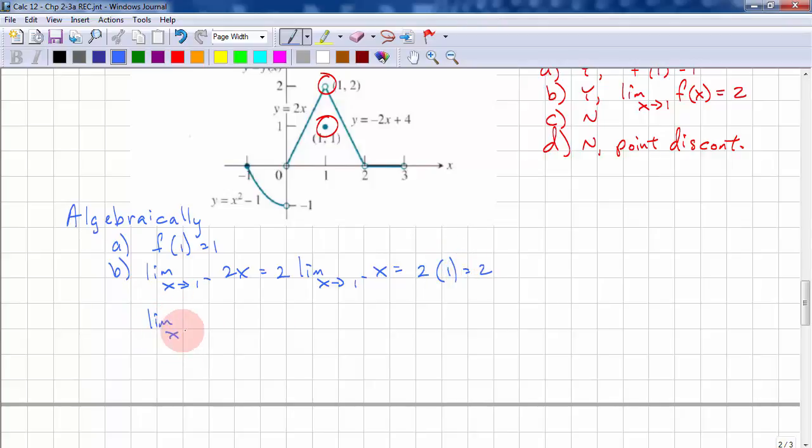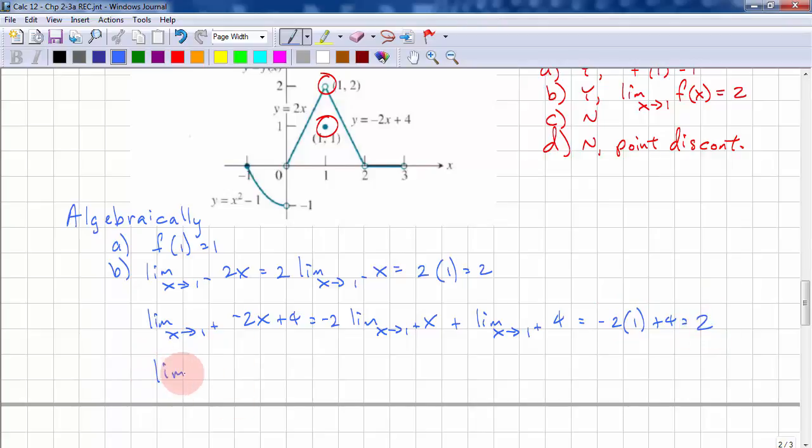The limit as x approaches 1 from the right of negative 2x plus 4, and we have to split this up. Negative 2 times the limit as x approaches 1 of x, plus the limit as x approaches 1 of 4. So we get negative 2 times 1 plus 4, and that equals 2.